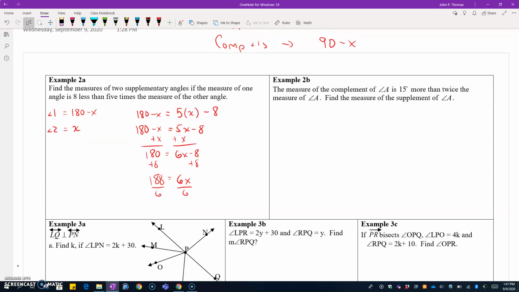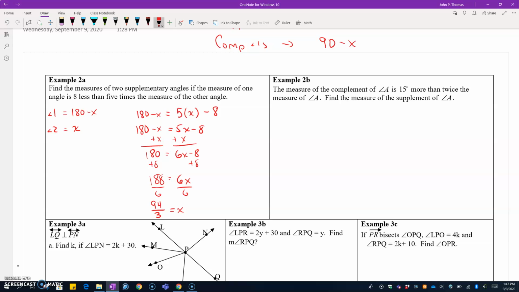I knew that right away because if I add up the digits of 188, I get 1 plus 8, which is 9, plus 8, which is 17. Since 17 is not divisible by 3, I know the whole thing isn't divisible by 3, which means there's no way 6 can go in entirely because 6 has a 3 in it, really. But we can reduce out a 2, so we're going to cut this in half, and we're at 94 over 3 equals our x value.